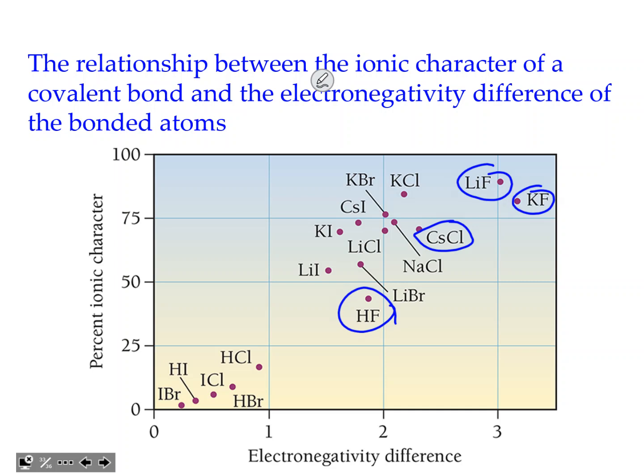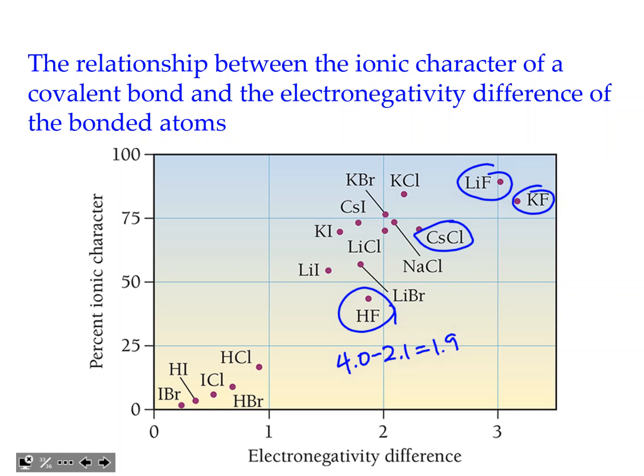HF's electronegativity difference, minus the 2.1, happens to be 1.9. 1.9 technically puts it in the ionic category, but nobody thinks of HF as actually being ionic. Just because the difference is 1.9 doesn't mean it has all of the characteristics of what an ionic bond is going to be able to do.